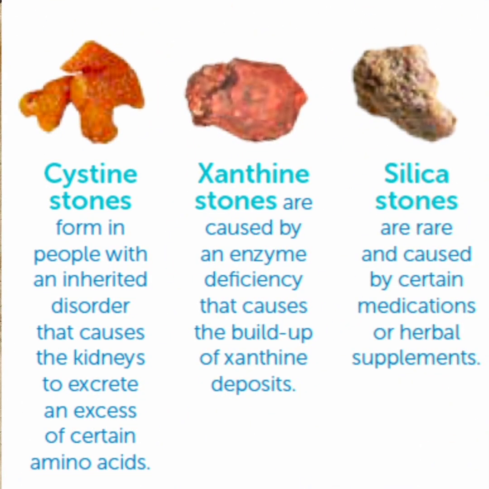Another type is the cystine stone, formed in people with an inherited disorder that causes the kidney to excrete an excess of certain amino acids. Xanthine stones are caused by an enzyme deficiency that causes the buildup of xanthine deposit. And silica stones are rare and caused by certain medication or herbal substances.